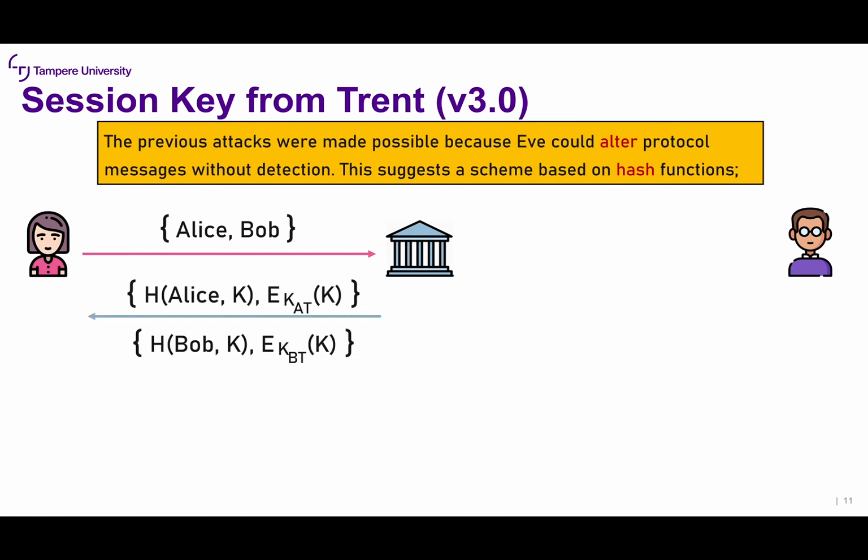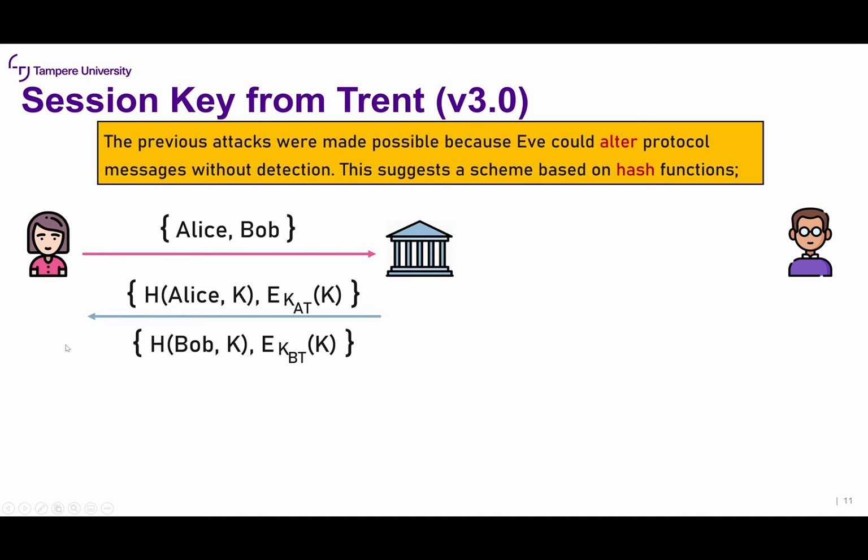So Trent will generate the following message and send it to Alice. He would generate again an encrypted version of K, the session key that Trent generates. So this K would be again encrypted with KAT and with KBT. But apart from that, these encrypted versions of K would be followed by two hashes.